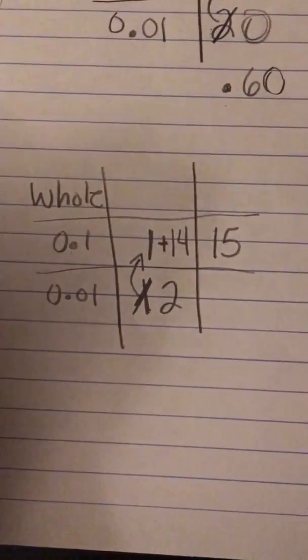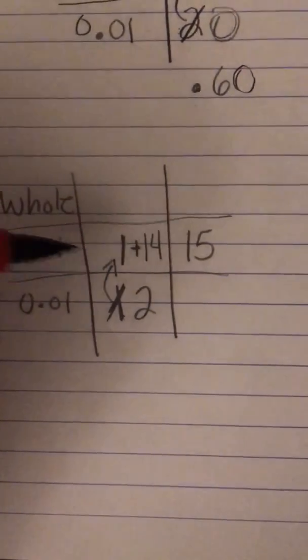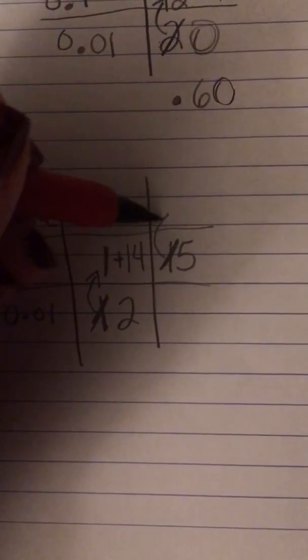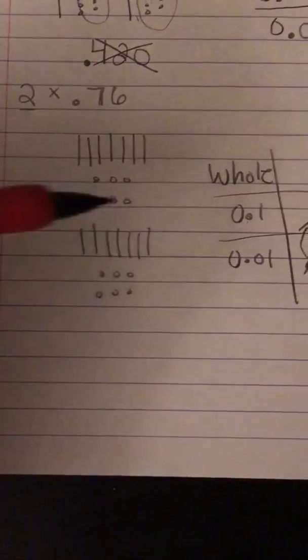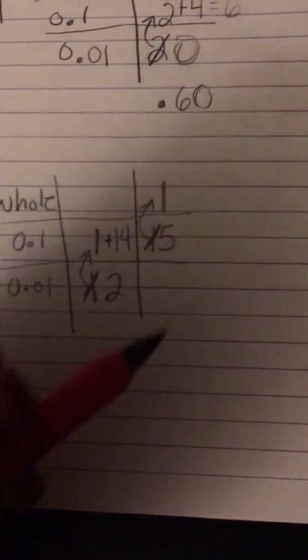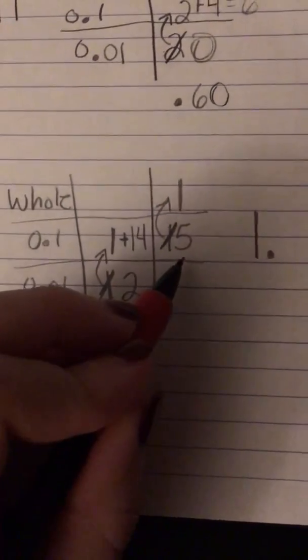But it's the same thing. I can only have one digit in here too. So that one goes up, and I add it to however many wholes I have. I didn't have any wholes in my quick pick. So my answer should be 1 whole, 5 tenths of this, and 2 hundredths of this.